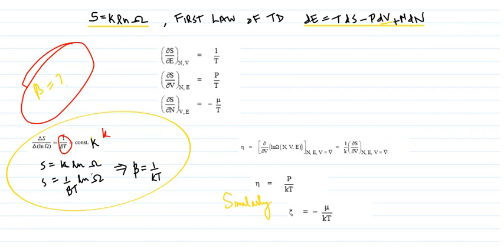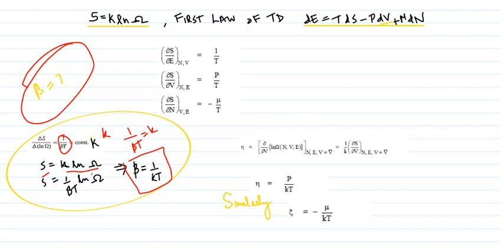Now you had this Planck equation, which is S equal to k ln omega, and this 1 by beta T is instead of this k. So 1 by beta T is nothing but the Boltzmann constant, so that means beta is equal to 1 by kT, right? That's a pretty simple equation.